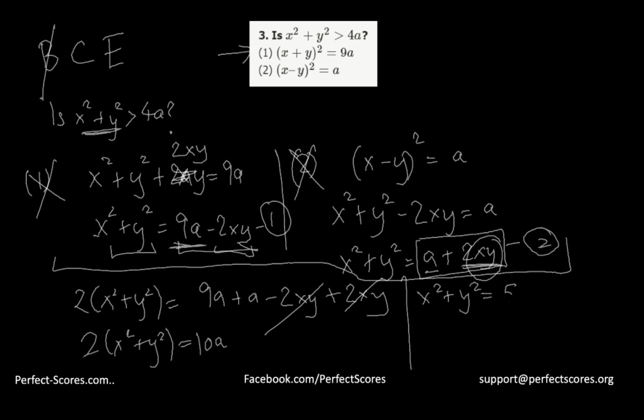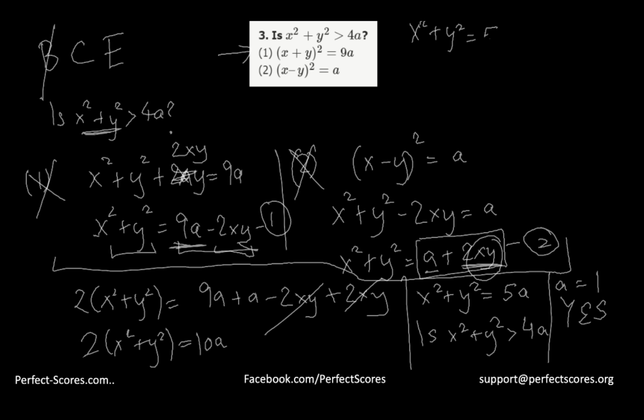And the question asked to me is, is x square plus y square greater than 4a? Now this is where the trick starts. If a is 1, then the answer to this question is a yes, because x square plus y square is actually equal to 5 when a is 1.